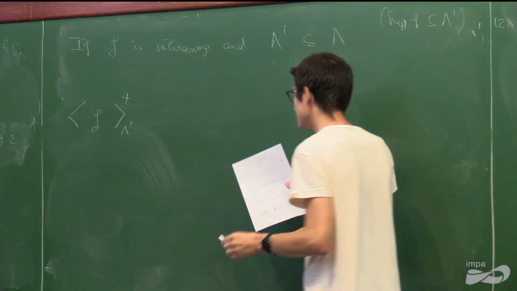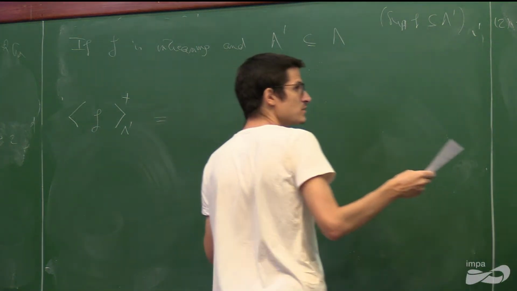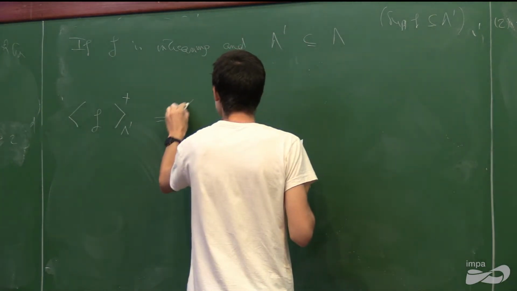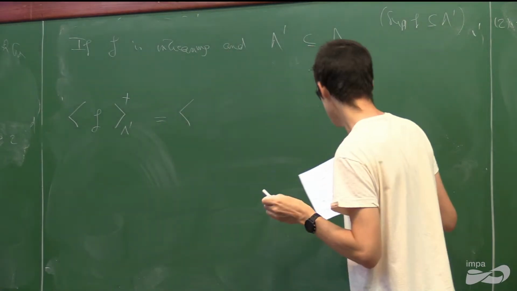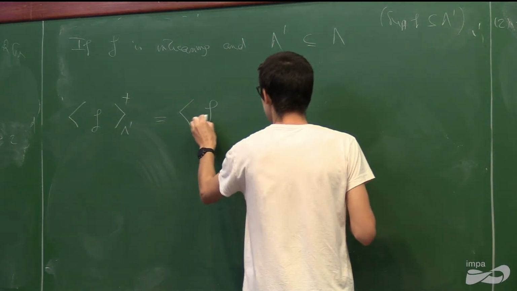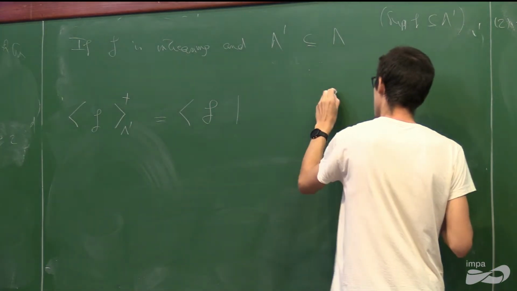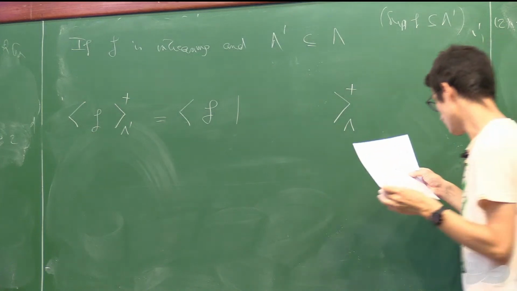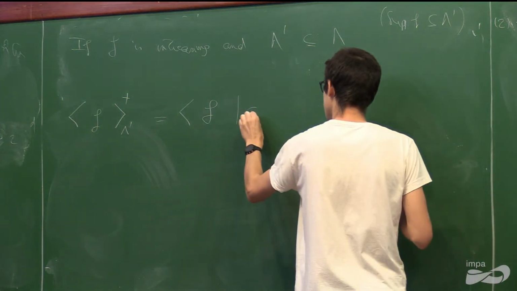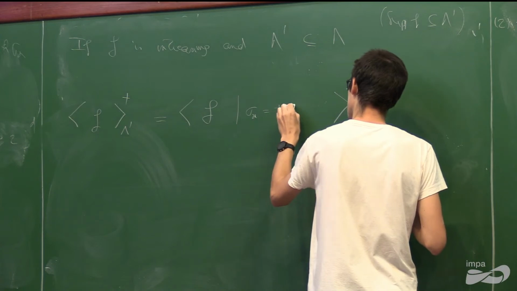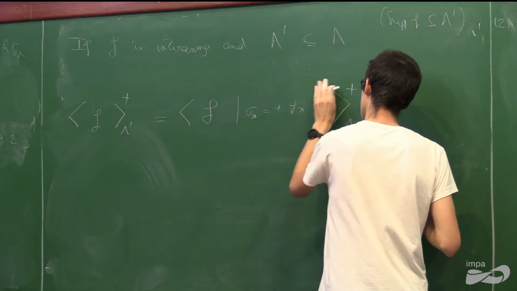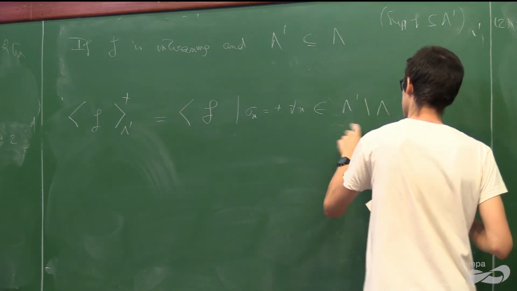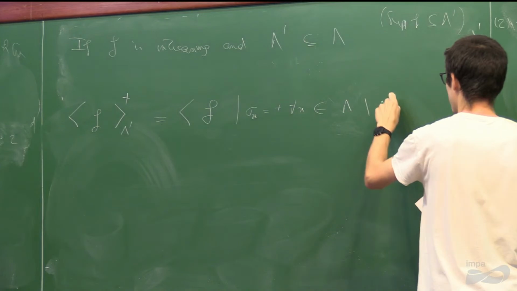So using the Markov property, this is the same thing as the average of f for the largest Gibbs measure, but conditioned to have sigma x equal to plus for all x in lambda minus lambda prime.